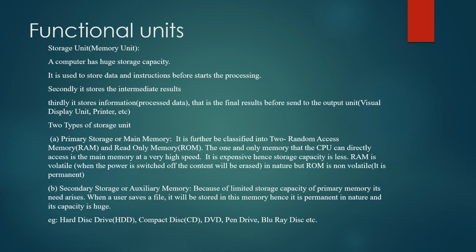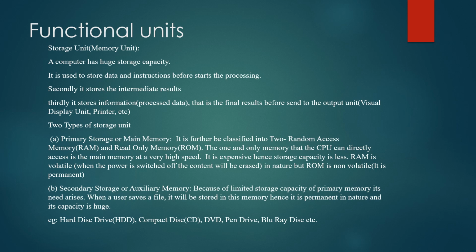Next we have memory. Memory is also referred to as a storage area. It is used to store programs. Programs are stored in the memory unit. Memory can be categorized as primary memory, which is volatile memory, and secondary memory, which is non-volatile memory. Volatile memory means that when the power is switched off, the data will be lost. Non-volatile memory is an external type of memory like CD or pen drive.